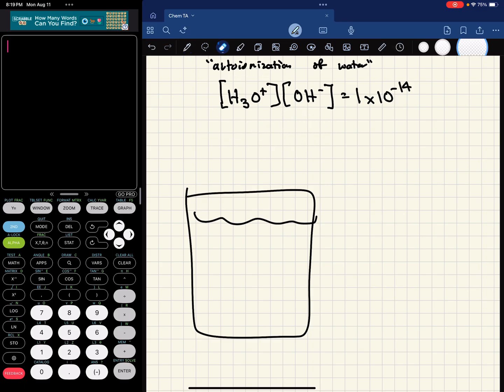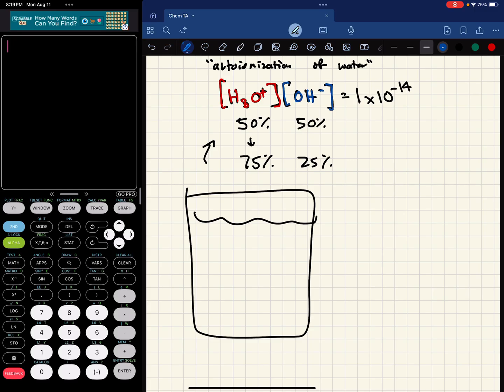If this is 50-50, both 50%, then it's going to be neutral. It's going to be a neutral pH. If there's more H3O plus, that means I have more H plus ions, which is going to make the solution acidic. Okay, so this is the one that causes it to be acidic, is our H3O plus, and our OH minus is the one that causes it to be basic.